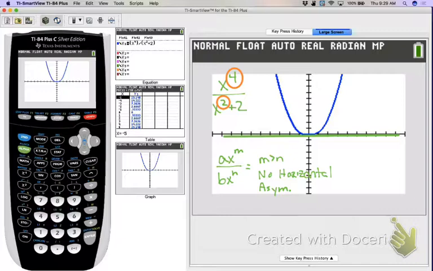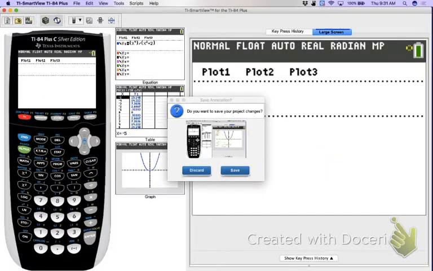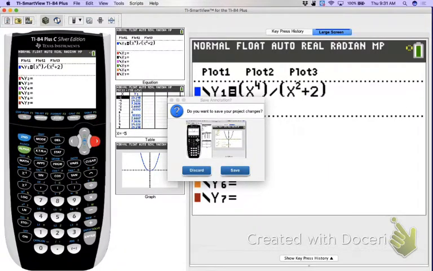Now, if my power on the top is bigger than the power on the bottom, there's not going to be a horizontal asymptote. So if we flip the x squared and the x to the 4th, the last type is whenever the top's smaller than the bottom.